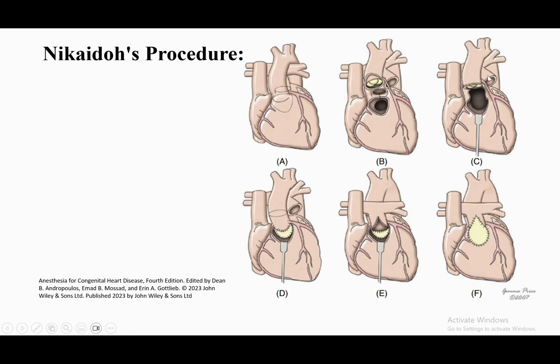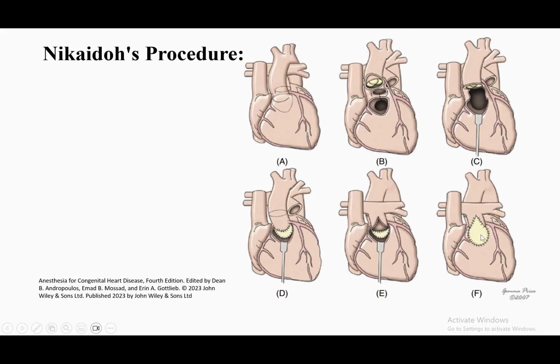We transect the ascending aorta, we pull the pulmonaries anteriorly, and then we connect the pulmonaries this way. In this case, there is also a free pulmonary regurgitation. We remove the stenotic pulmonary valve.